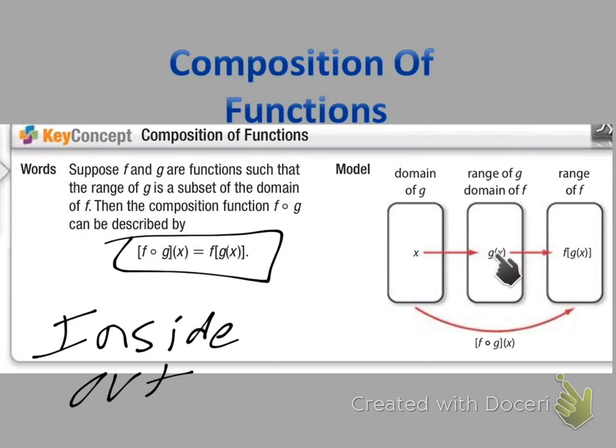So the range of g is also in the domain of f. Those two overlap: your g's y's and your f's x's overlap. Once again, not to get too confusing with the model, but that's how it goes.